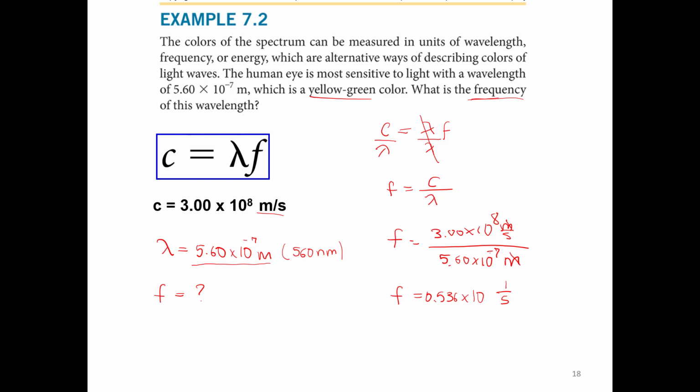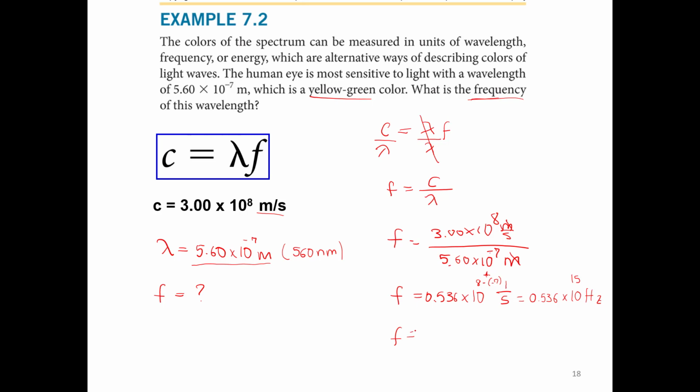Then we have 8 minus minus 7. And here finally we have addition, yes? Because negative times negative is positive. And finally here we have 0.536 × 10 to the power 15. 1 over second, we can write like hertz.